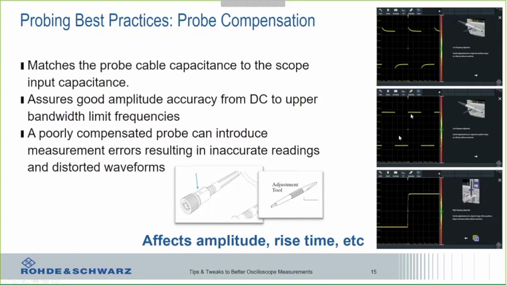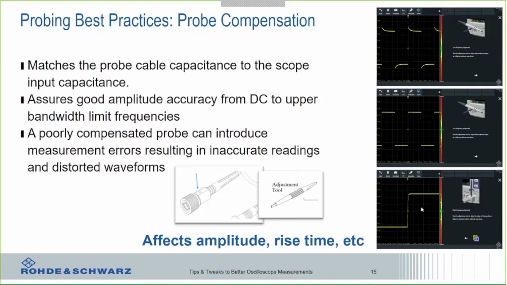In the middle waveform, you can see we've adjusted the low frequency components of that probe. This is going to give us as accurate a measurement as we can get with that probe. And then some probes will actually give you the ability to also make a high frequency alignment as well. And so down in the bottom right-hand corner, we went ahead and did that too. That will have an impact, as I mentioned, in particular on rise time, making sure that you're getting the most accurate rise time for those probes.